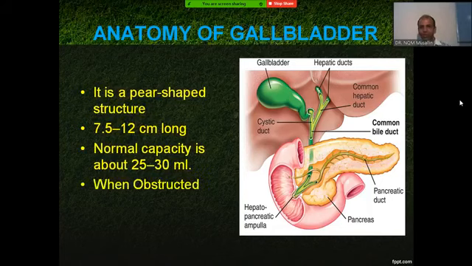But when it is obstructed, then the capacity is as large as 300 ml, and sometimes we may find a very large gallbladder during operation that may contain about 500 ml of infected bile or infected fluid.